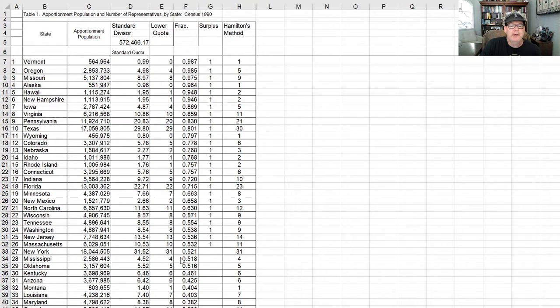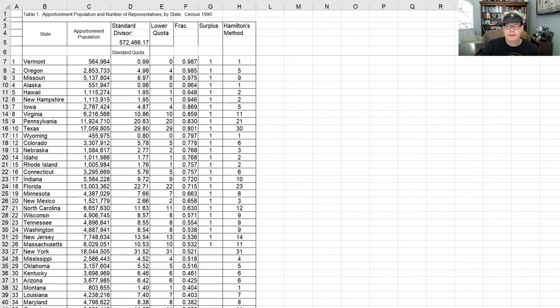So again, who got it? Mississippi got it instead of New Jersey if we were to use Webster as opposed to Hamilton.